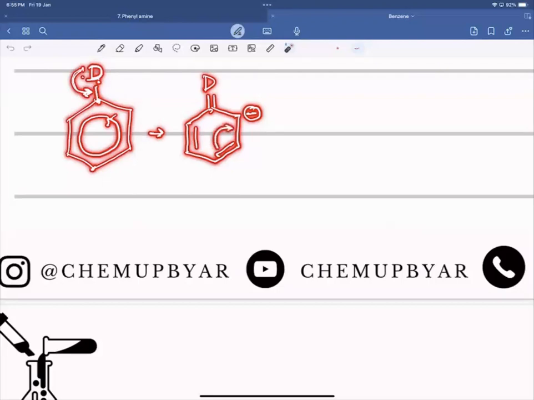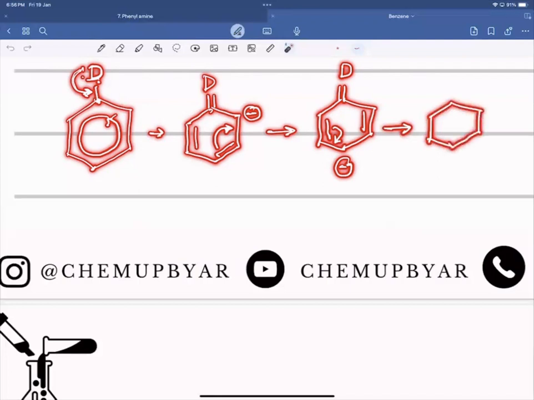Now, if this pi bond moves over here, because the pi system is delocalized and the electrons are continuously moving, then the pi bond comes over here and this carbon gets a negative charge. That's the fourth one. And when this moves over here, then the sixth carbon will have the pair of electrons, due to which it carries a negative charge.